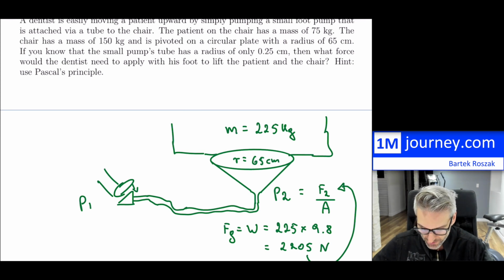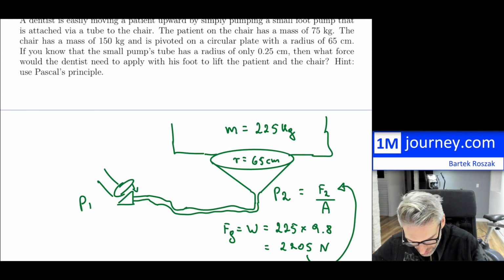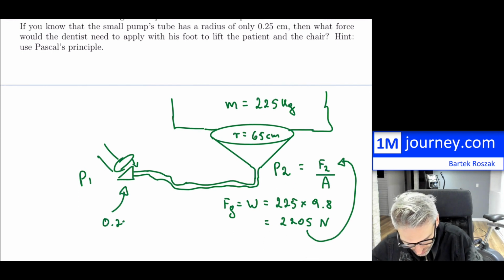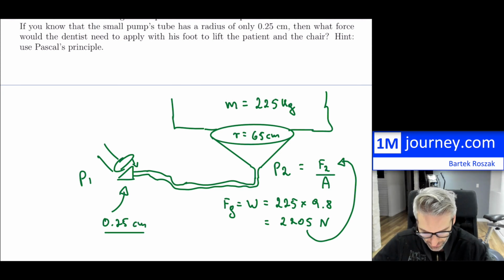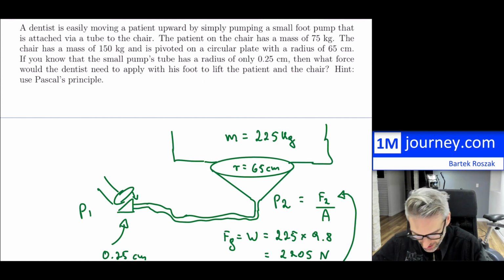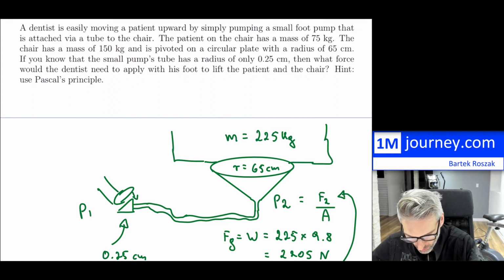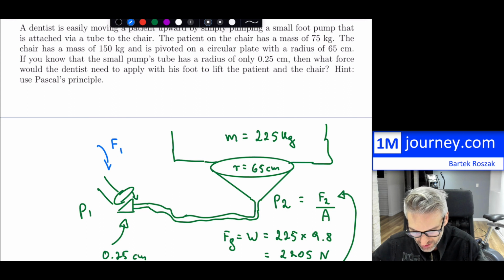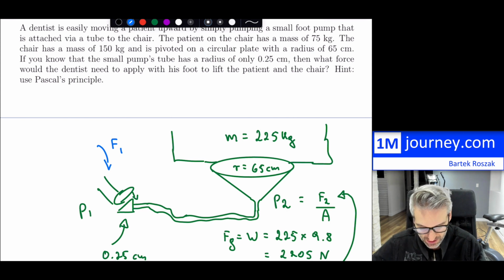And then the small little pump right here has a tiny radius, just 0.25 centimeters, very tiny in comparison to the other one. And then it asks, what force? We want to figure out what the force is here, F1, that the dentist needs to utilize to lift this patient up.